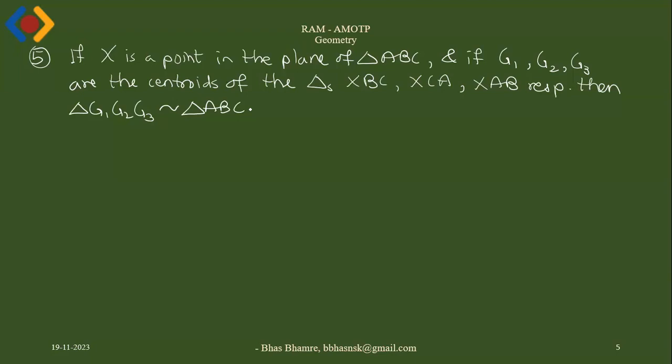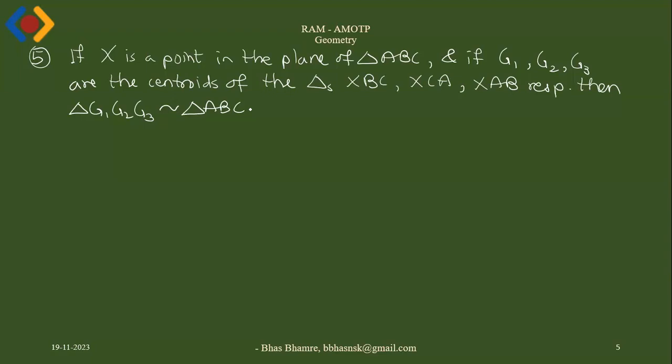X is any point in the plane of triangle ABC, such that triangles XBC, XCA, XAB should exist. XBC must not be a straight line, otherwise the triangle degenerates to a straight line. Then how can the similarity happen? A straight line doesn't have any centroid in this sense.